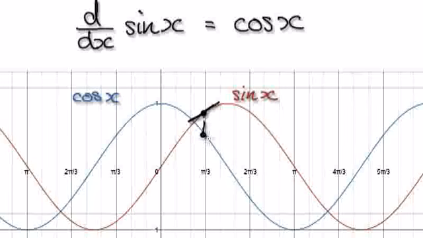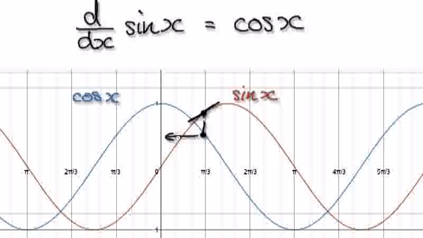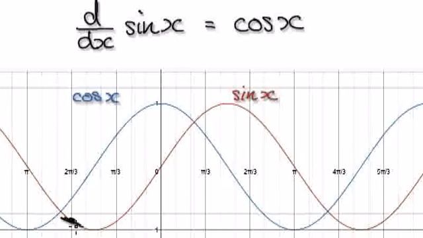And if you move down here, the blue line is indicating that it has a positive gradient. Looking at this point here on the sine of x, you can see that the gradient is negative, and moving straight up here, the blue line indicates that it's negative.